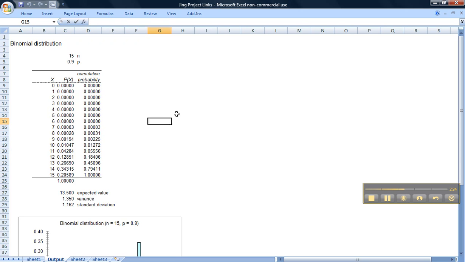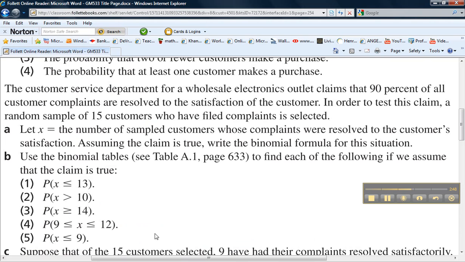Probably the easiest way is you can type in equals sum, parentheses, highlight 9 through 12, close parentheses, and it adds them all up. So the value is 0.18375. 0.18375 for this particular problem.